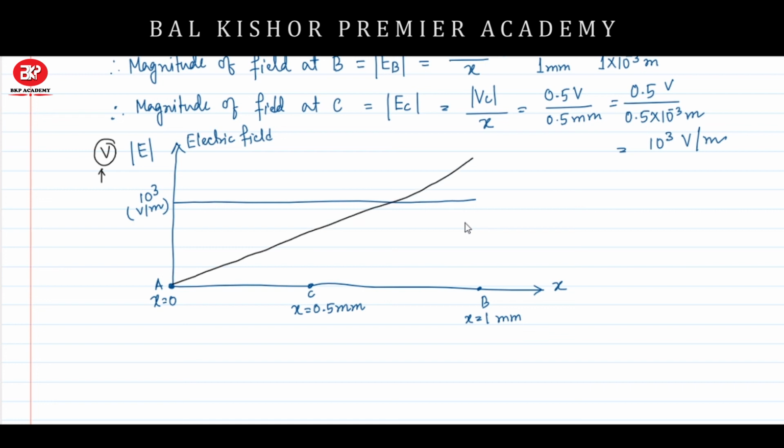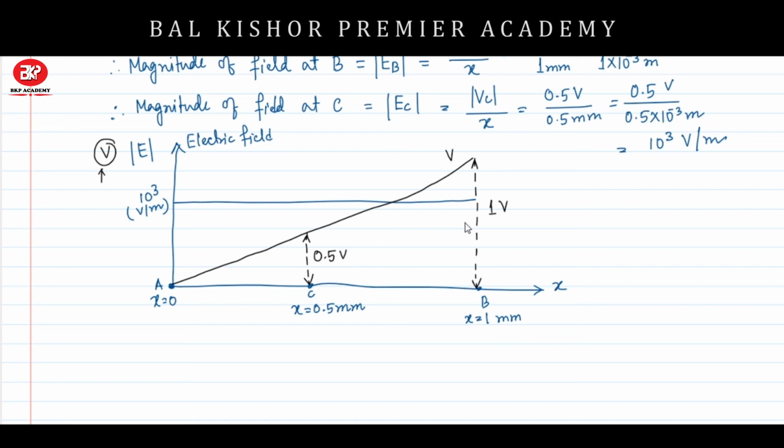At the C point the potential value will be 0.5 volt, and at the B point the potential value will be 1 volt. So the black one is the potential plot, and the blue one is the electric field plot.